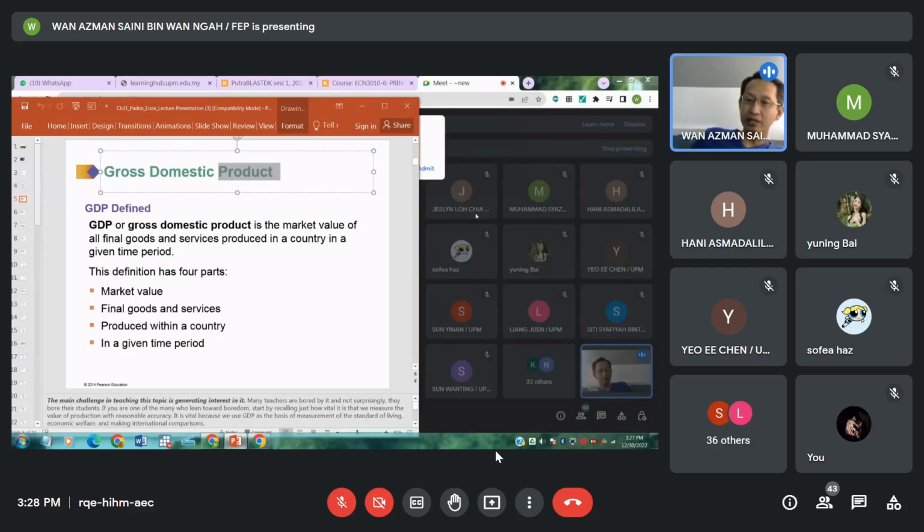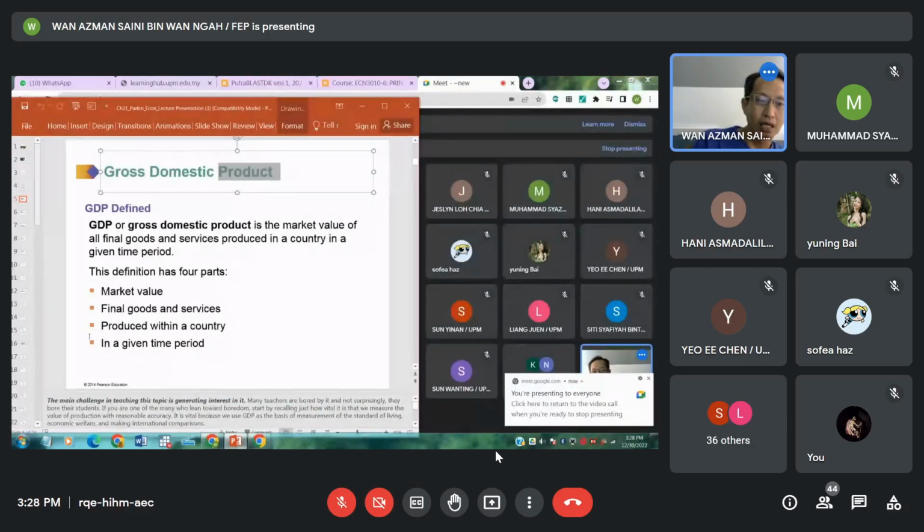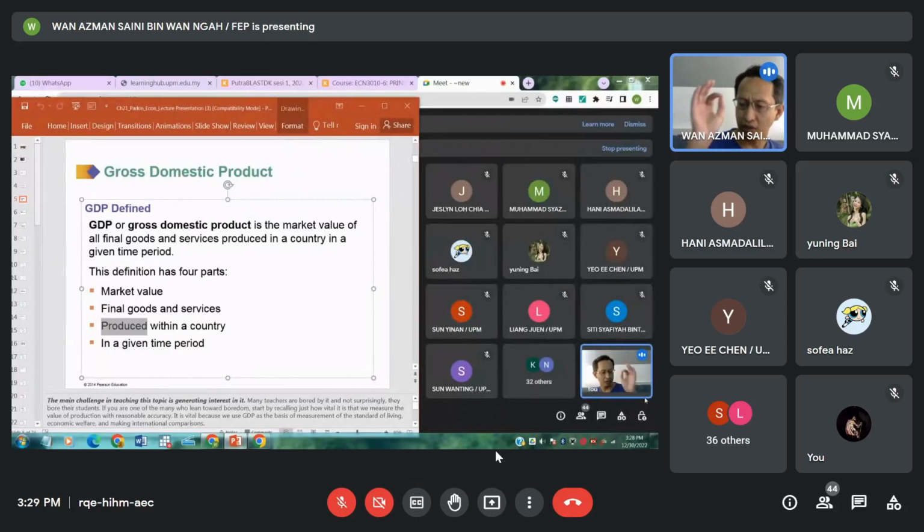You cannot include them in next year's GDP, because the keyword here is produced, in the given time period, produced within the country. If they are produced in 2022, then they have to be included in 2022.